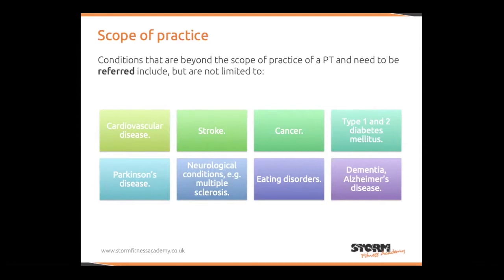That's not an exhaustive list. There might be some other conditions that are going to be out of our scope of practice as well. But if they show up when you're doing your consultation or get flagged up, it's probably best to refer them to the doctor, just to check that they're being monitored and they're still happy for them to exercise.